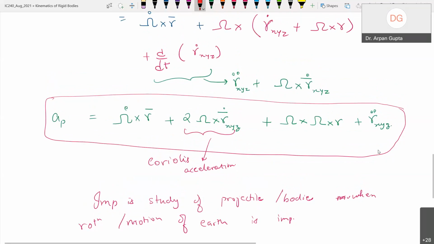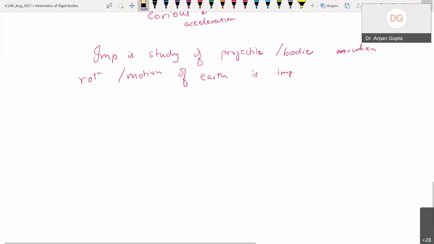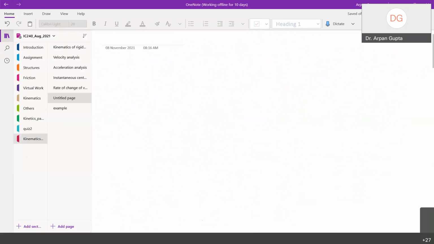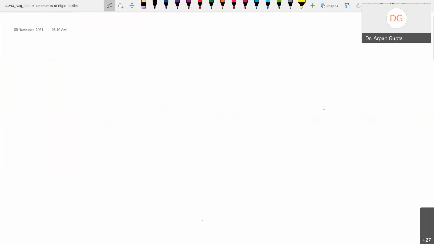And if your frame B is also moving with an absolute acceleration, then we have to add another term, which is the acceleration of frame B, right? I'll just rewrite the expressions for clarity of what we are doing.